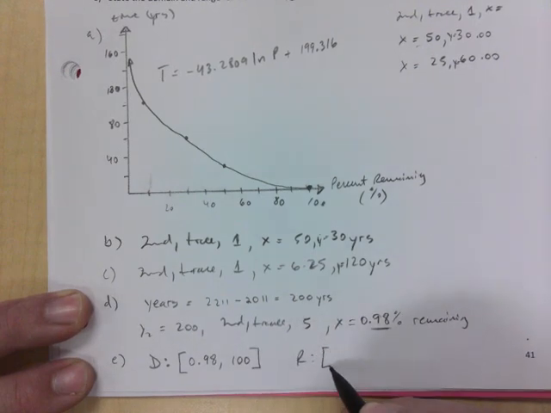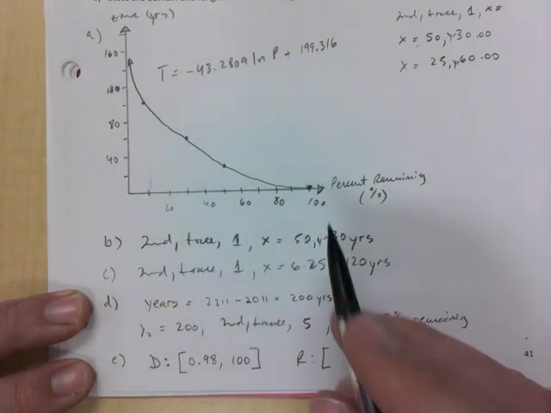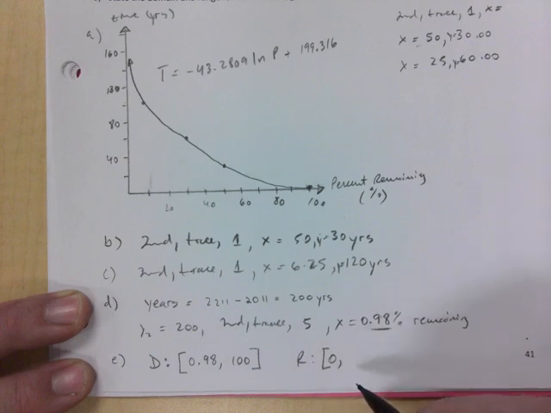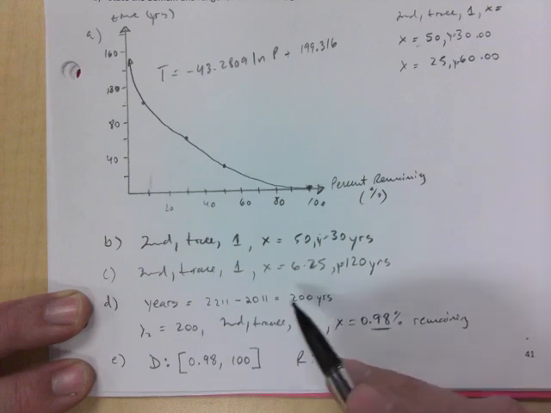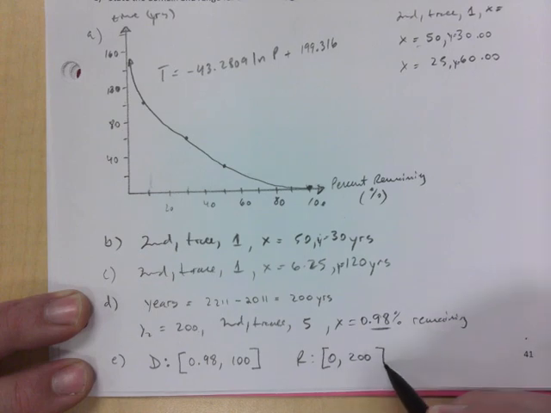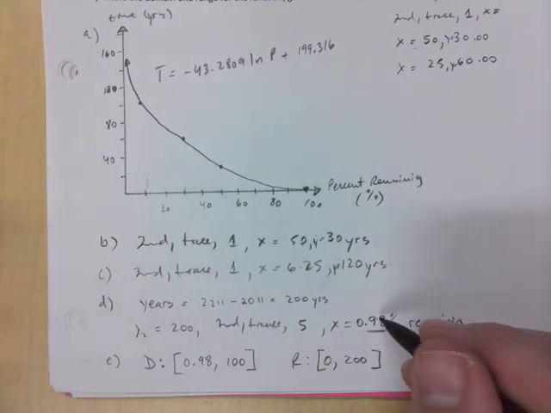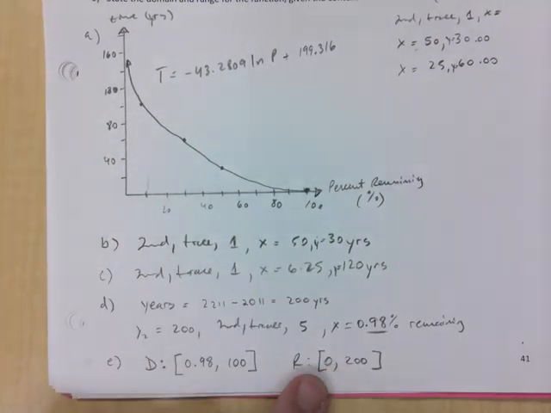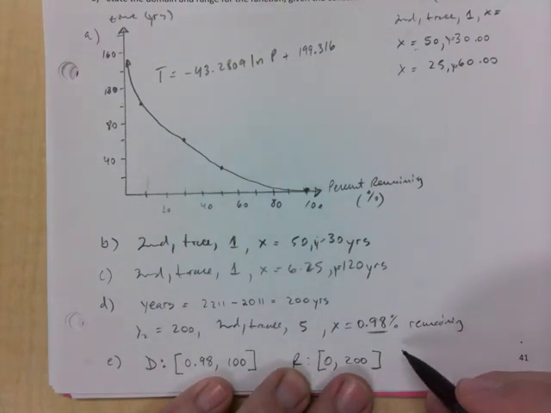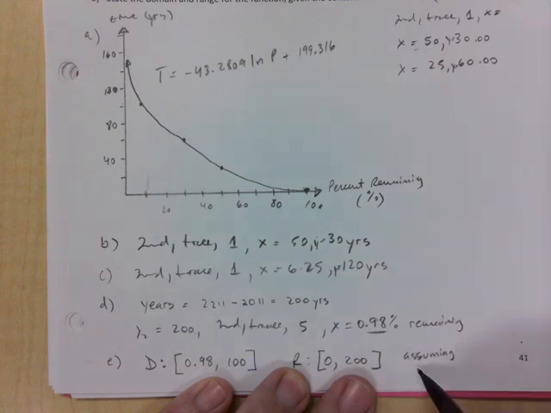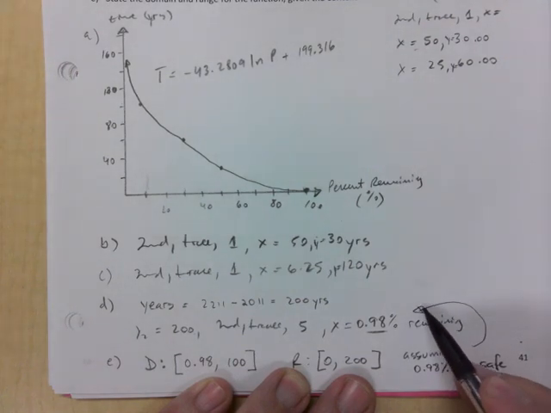And the range would be all the way from 0 for time 0, right? 0 all the way to 200 in this case. And obviously the question would have to say it's considered safe at that point, right? For us to come up with this domain and range. Let's make that assuming 0.98% is safe, right? Or something like that. We're assuming that that is safe.